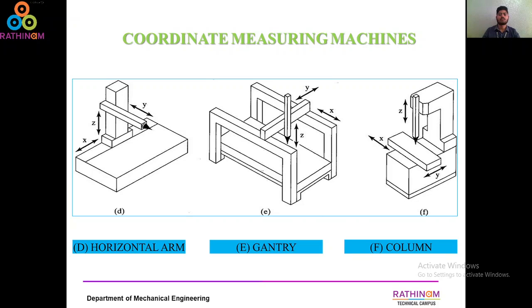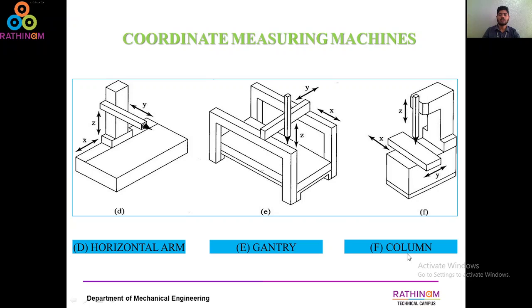We can go for the gantry type coordinate measuring machine system. Here also we can find y direction, x direction, z direction. All three directions can be achieved by the gantry type coordinate measuring machine also. This is used for small components as well, but mostly for big size components.